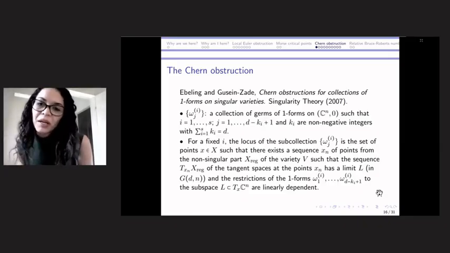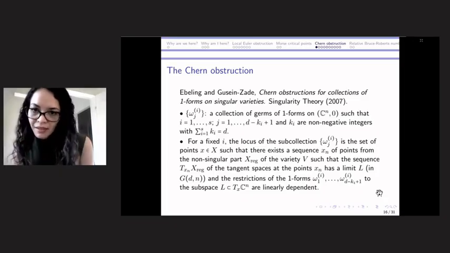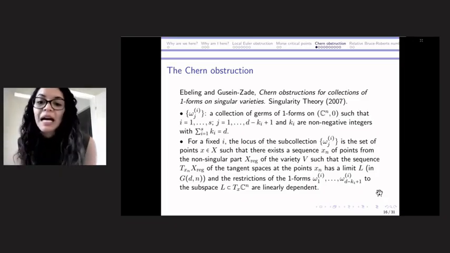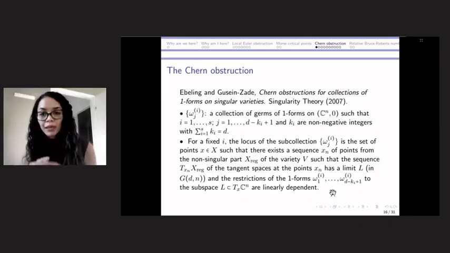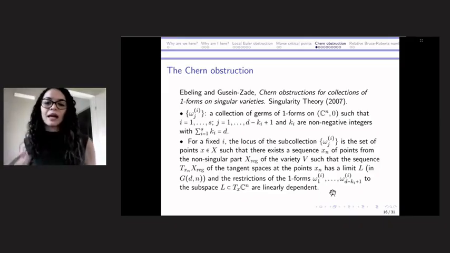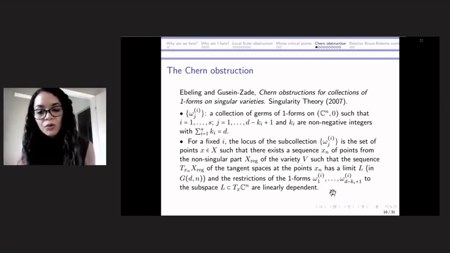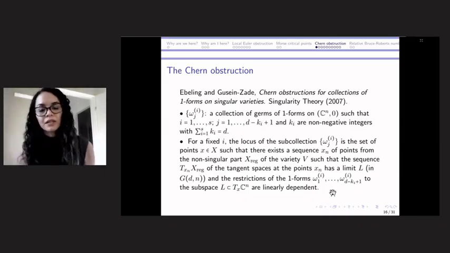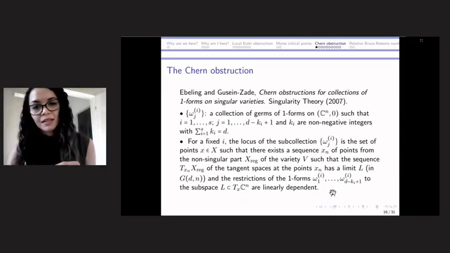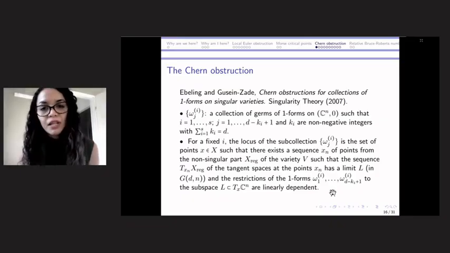But this is not all that Ebeling and Gusein-Zade want. They also want the following. Not only when we can, for example, restrict our differential forms to the tangent space of the strata where our point is, so we can find the singularity. They also want a condition on the limit of tangent spaces. So remember, if you have a singular point, you can have a sequence of regular points converging to that point.